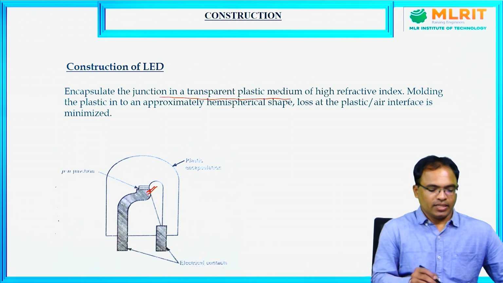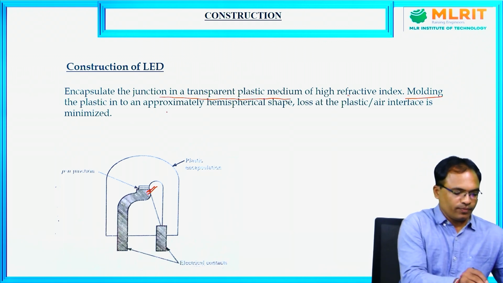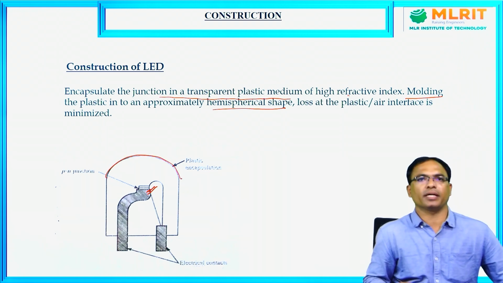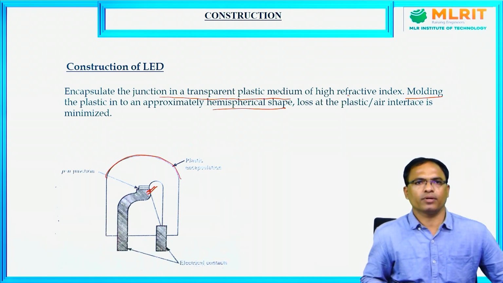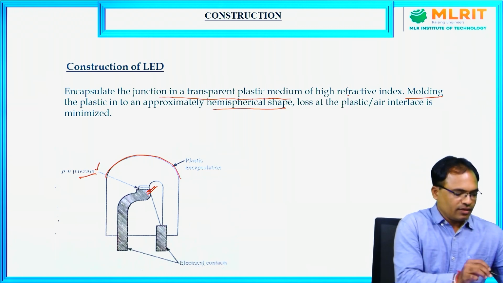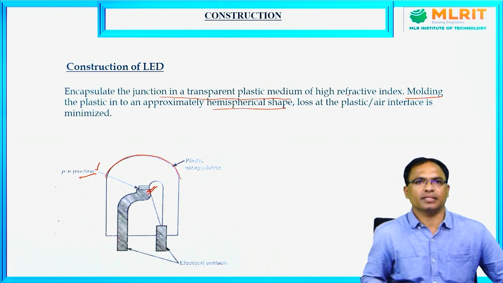This transparent plastic medium is molded into an approximately hemispherical or domed shape. Because of this shape, the light produced at the p-n junction will be incident at an angle less than 17 degrees, that is, less than the critical angle. Due to that, most of the light will come out from the LED.